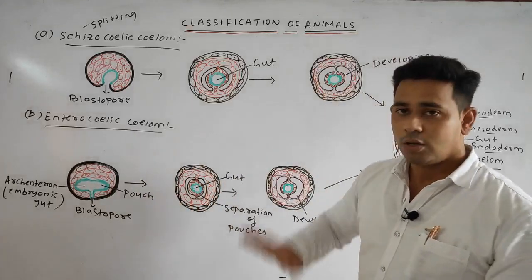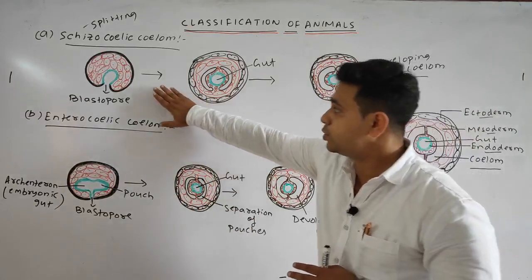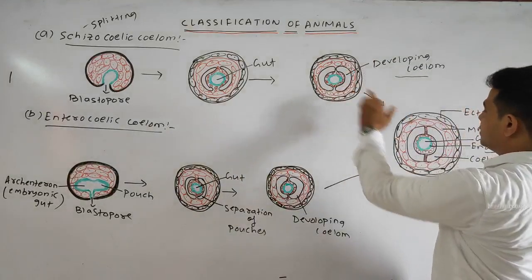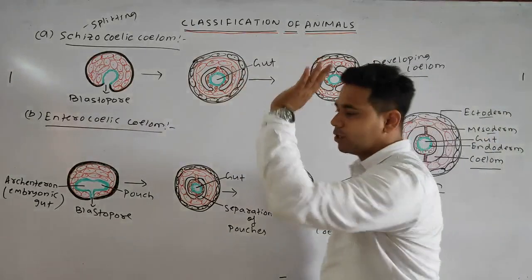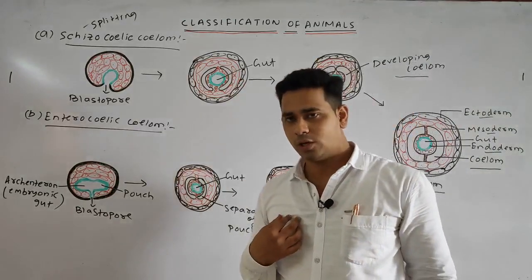So students, the type of coelom in which the mesodermal cells split to form the coelom is called the schizocoelous coelom. Enterocoelous coelom occurs in our case, the human case.